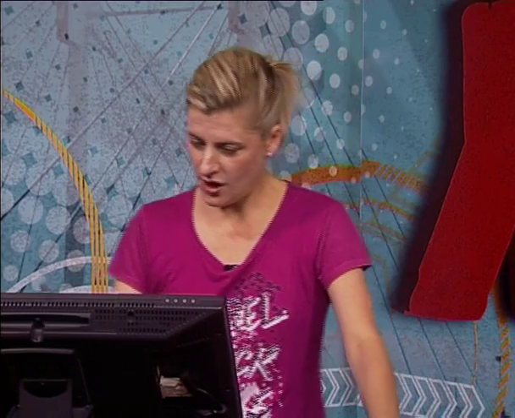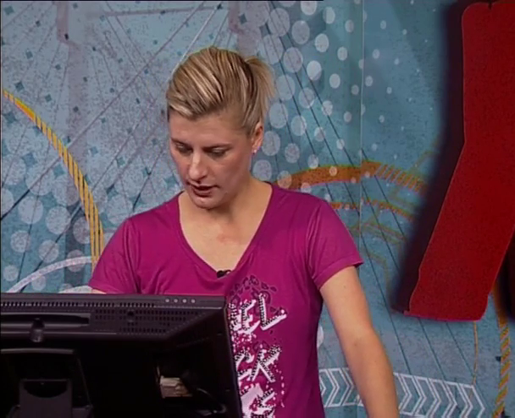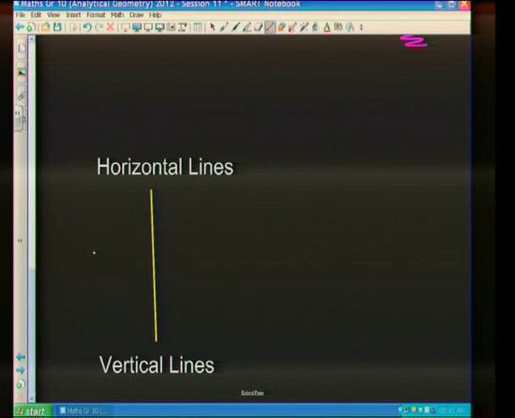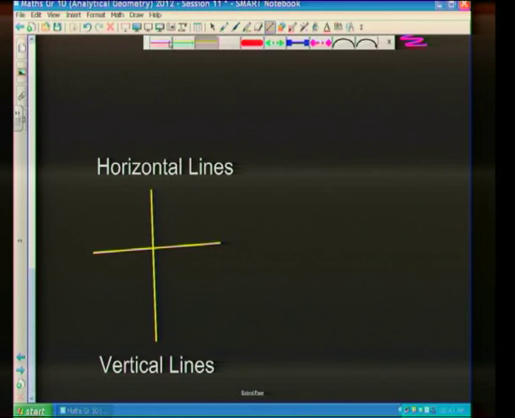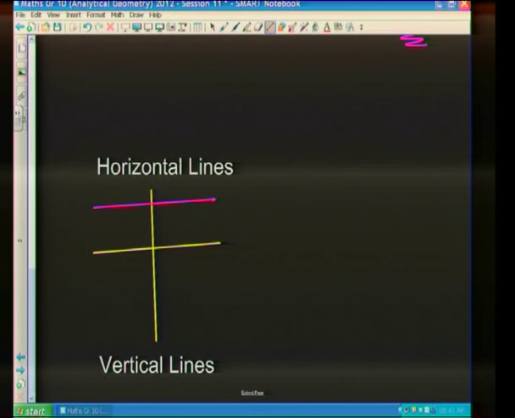Now, what about the gradients of horizontal lines? I'm going to make a Cartesian plane over here. Let's say I have a line over here, and this line is parallel to the x-axis.